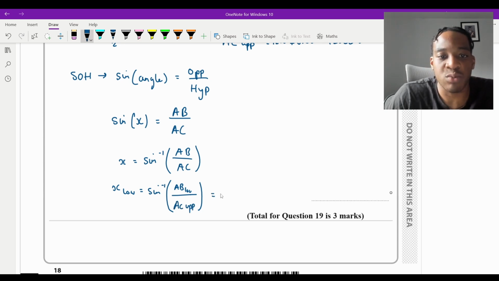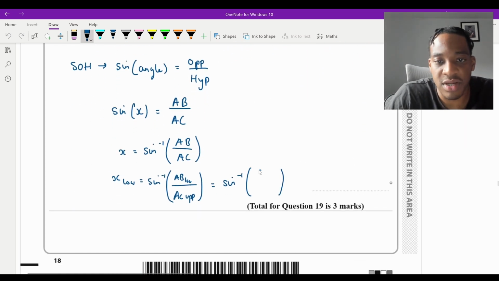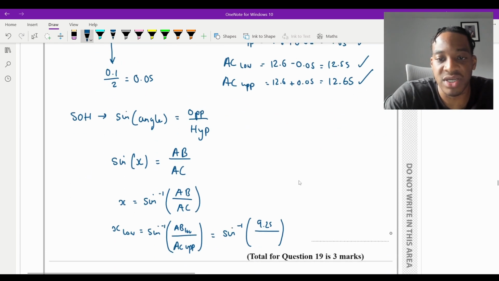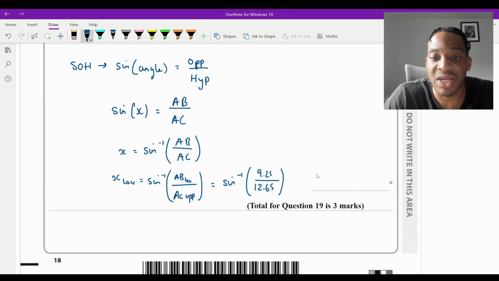What that means then is we're just going to plug in those values. So it'd be the sine inverse of those values there. Now, AB low was 9.25, and then AC up is 12.65. So to get the lower bound, we're going to do the sine inverse of 9.25 divided by 12.65.